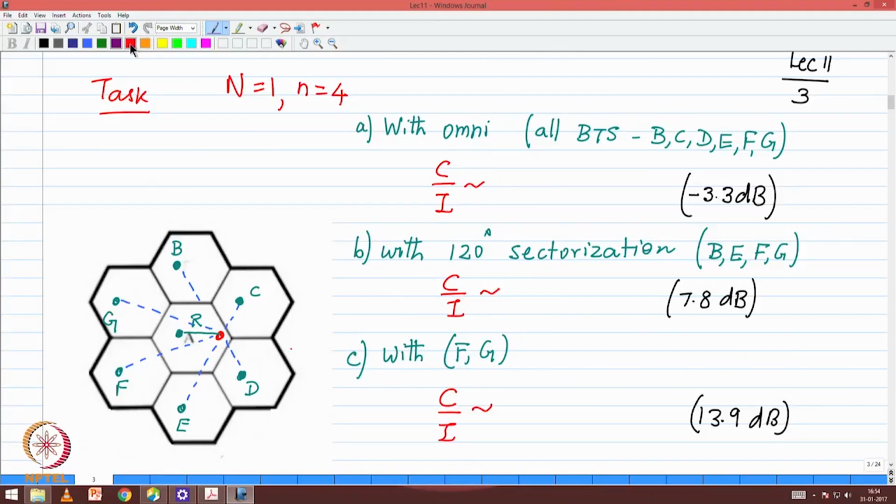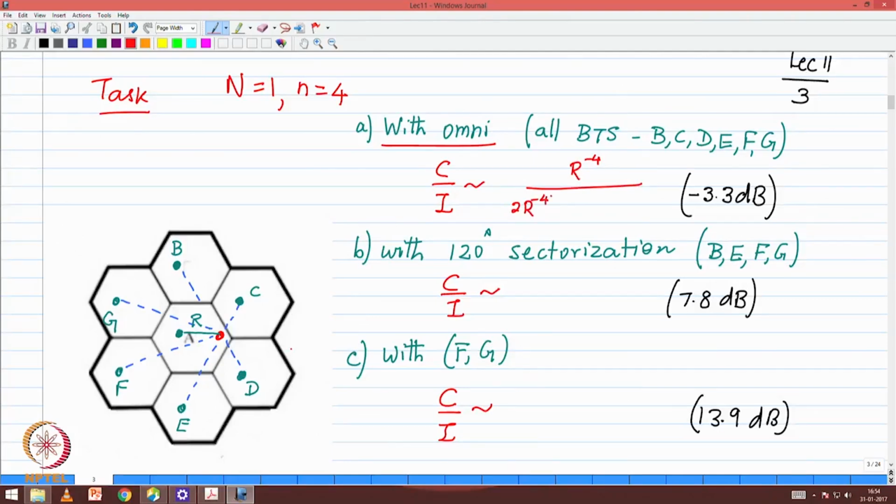When you have the scenario of omni, all the base stations are going to interfere, 6 of them, B, C, D, E, F, G. C over I, if you calculate, will be the sum of the interferences. So it would be R raised to the power minus 4 divided by 2 times R raised to the power minus 4.